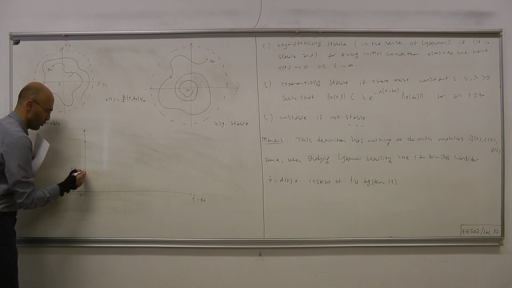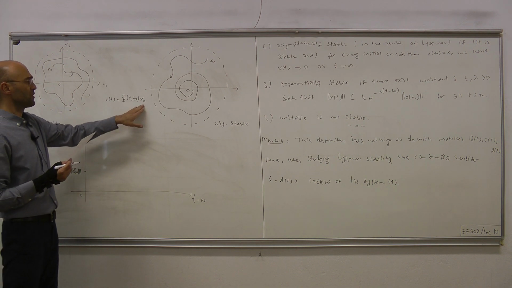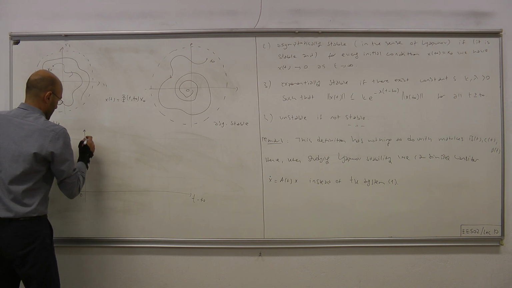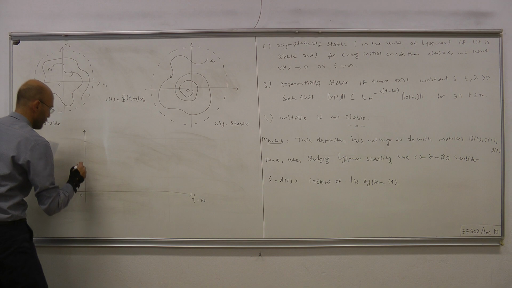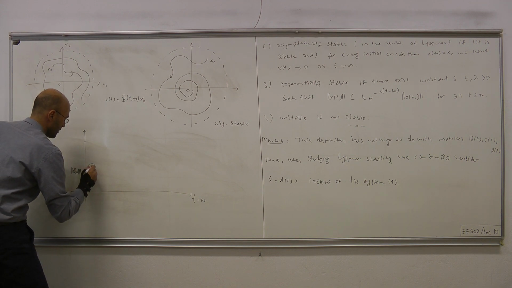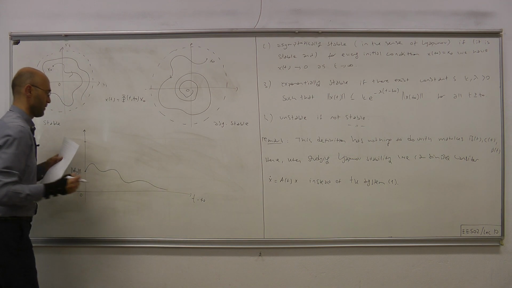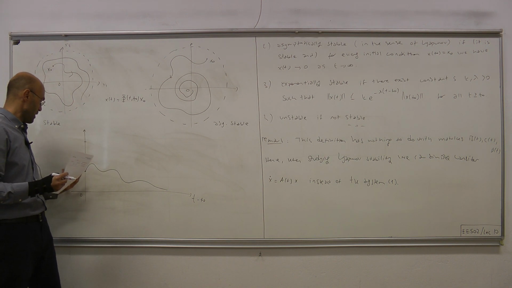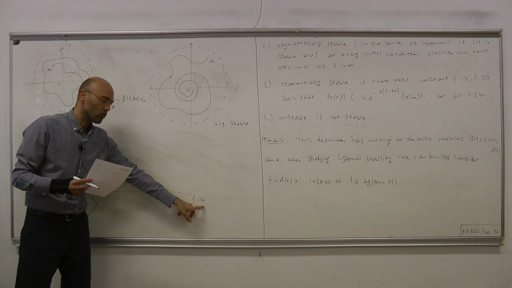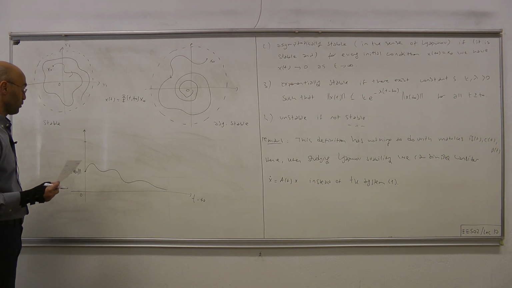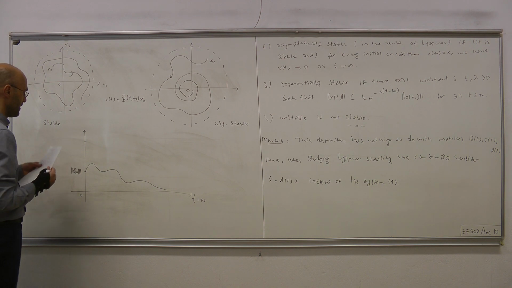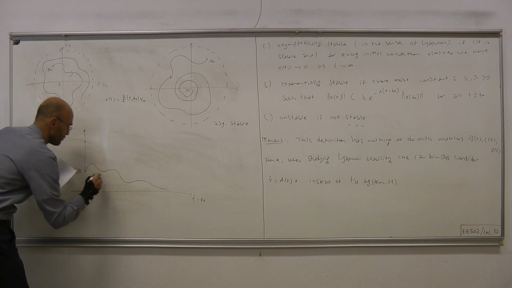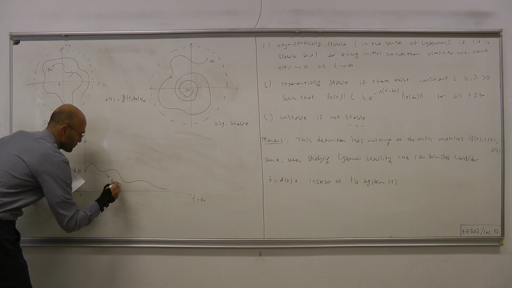So this is the initial norm of your solution, and then starting from this point there will be a solution, and then what you do is you compute the norm of that solution for all times t larger than t0, and then this function of norm, norm of x of t, so this is x of t.